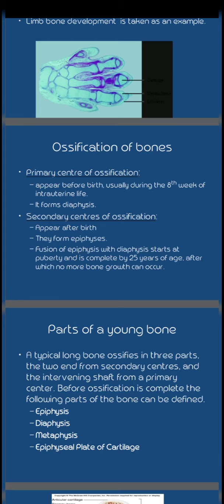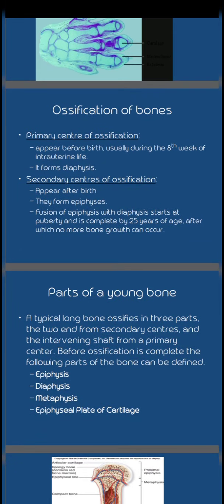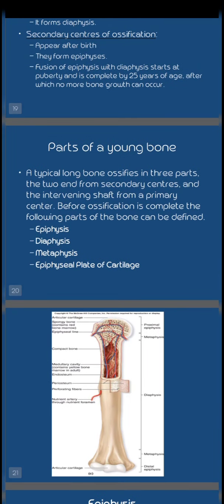Secondary centers of ossification appear after birth. They form the epiphyses, and they are present until a baby grows into an adult. Fusion of the epiphyses with the diaphysis starts at puberty and is completed by 25 years of age, after which there is no more bone growth. So a growth plate is present up until 25 years of age.